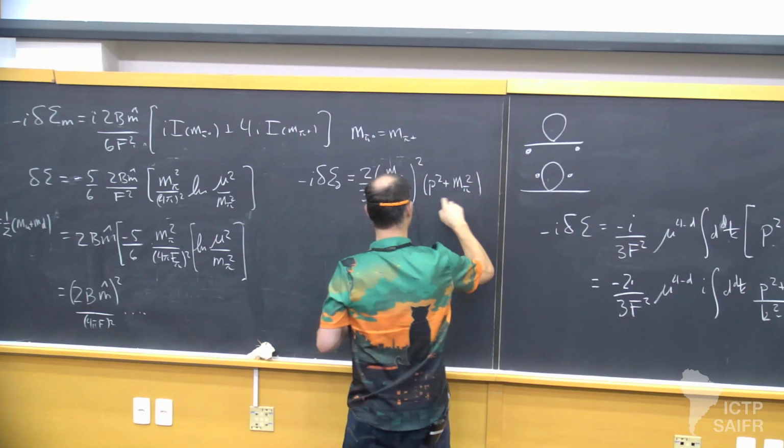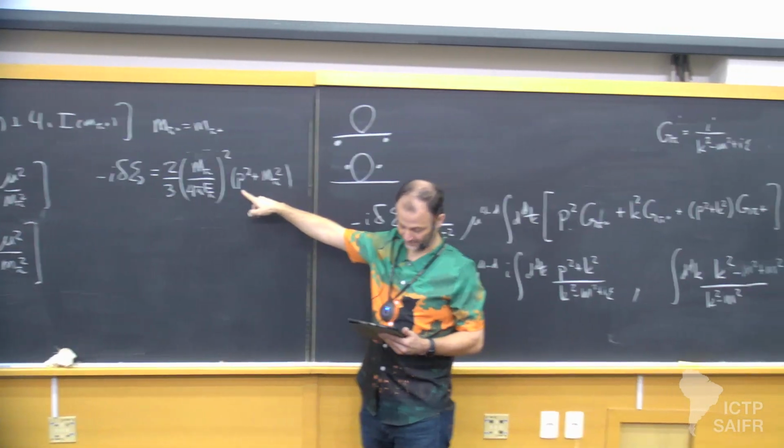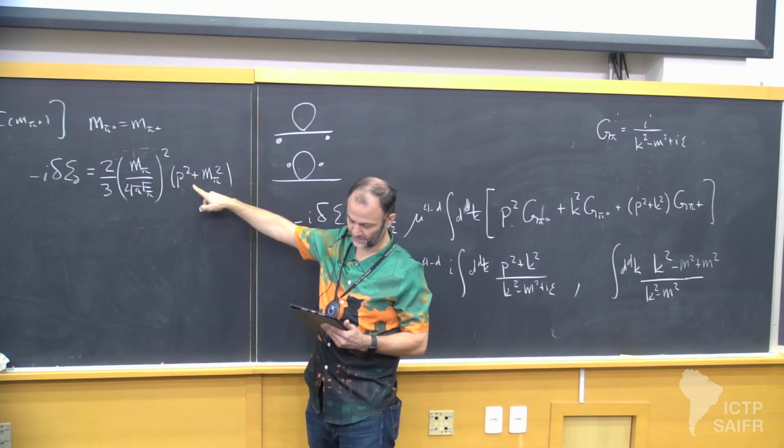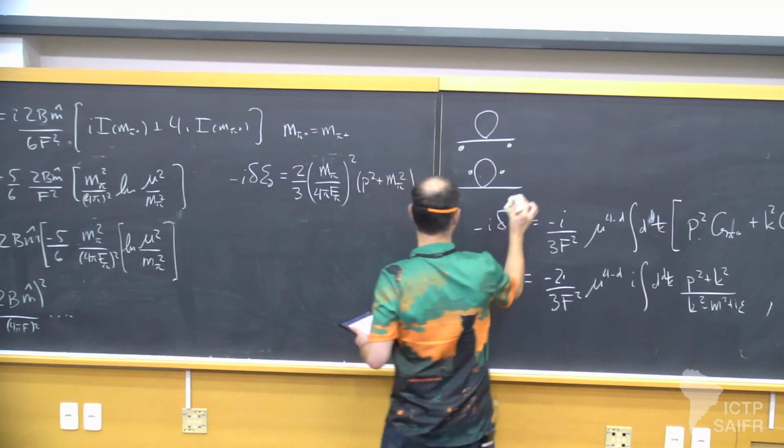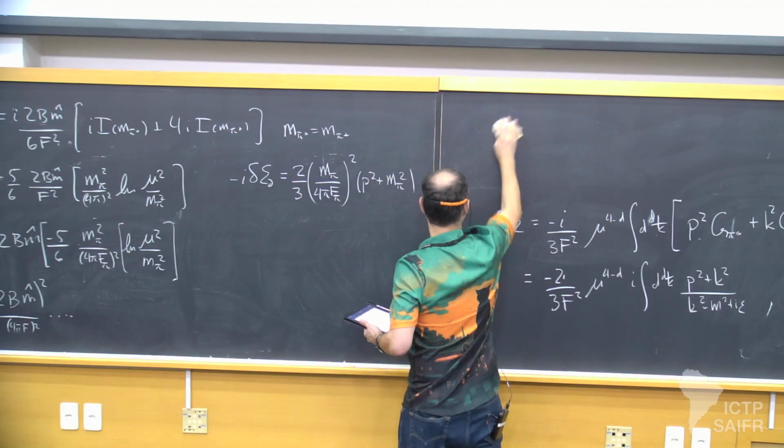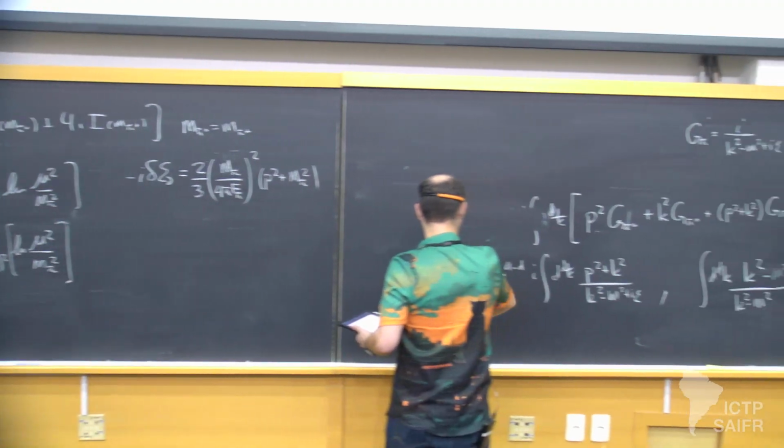Now I haven't set it to the mass yet, because what we want to do is use this to get at what's called wave function renormalization. It's the last thing I want to tell you before stopping.